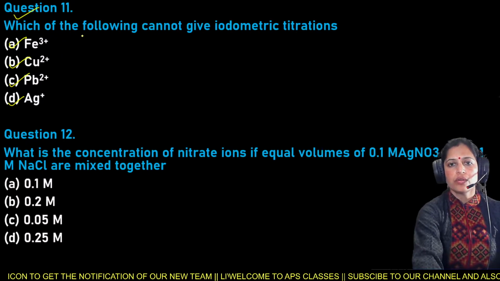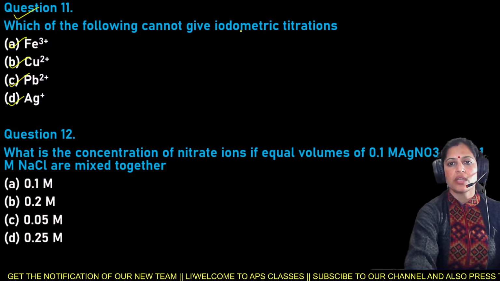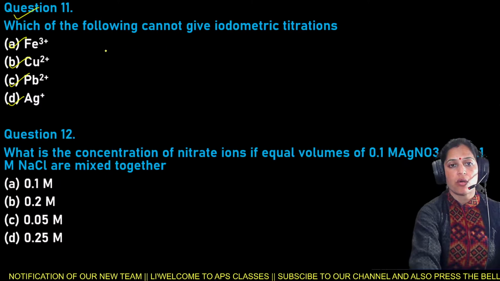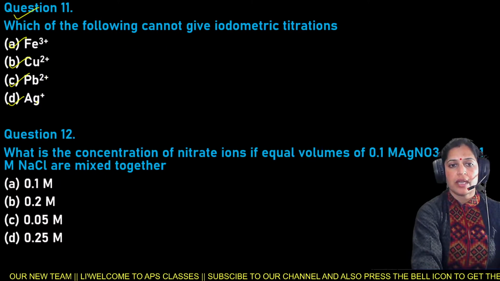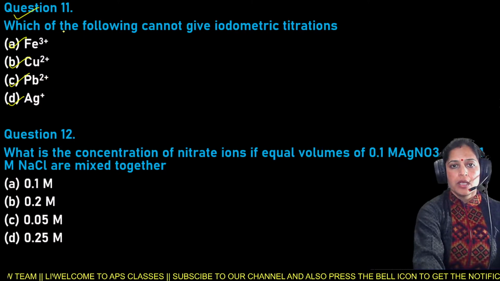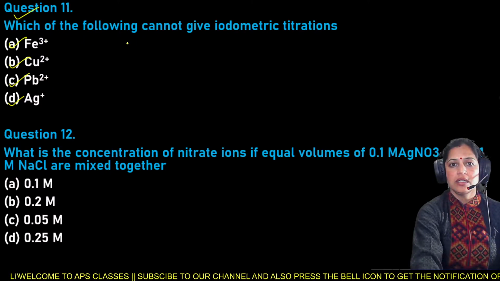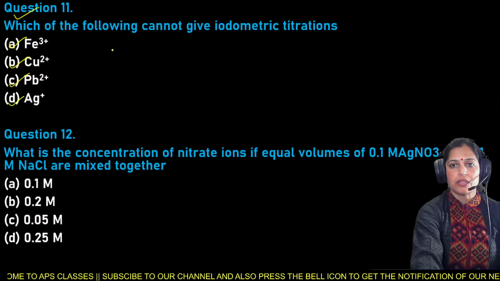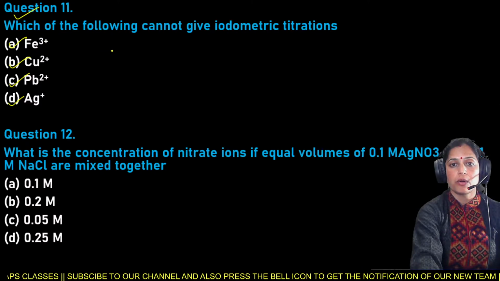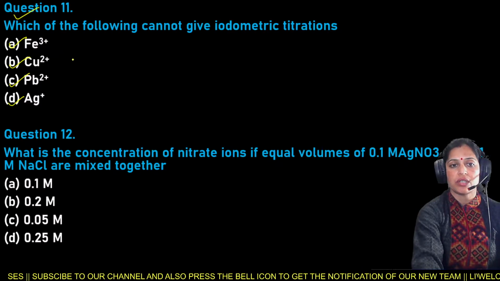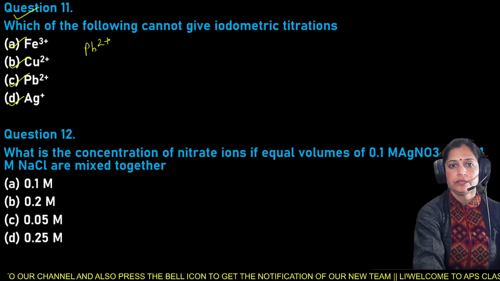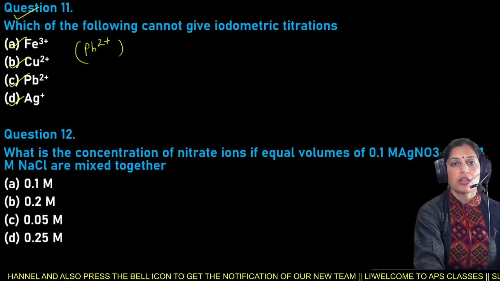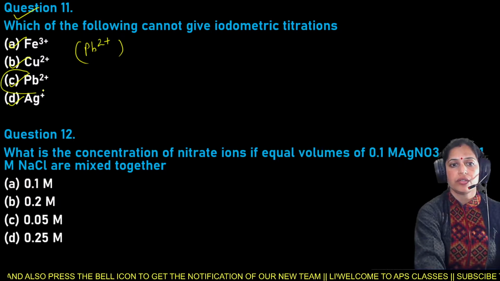So out of these, the one which cannot give the iodometric titrations is Pb2+. Pb2+ cannot give the iodometric titrations.